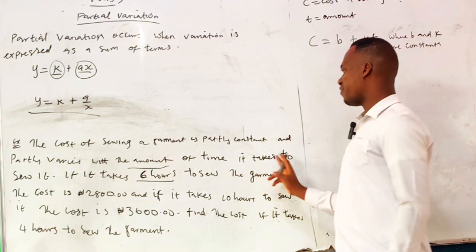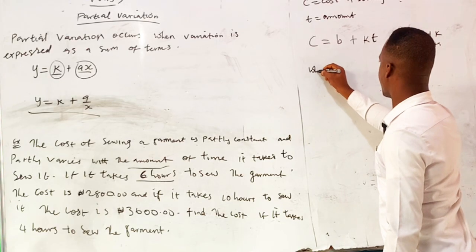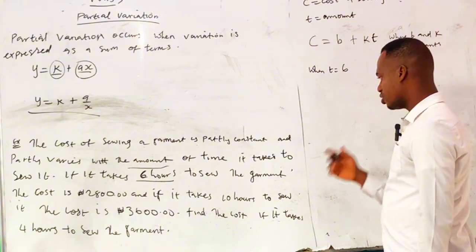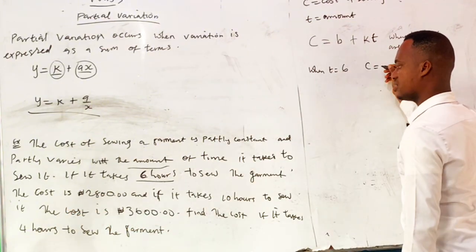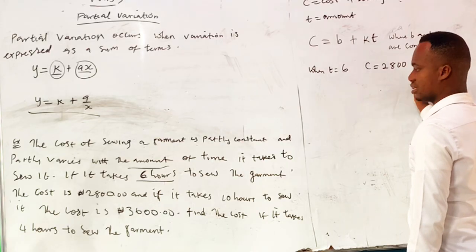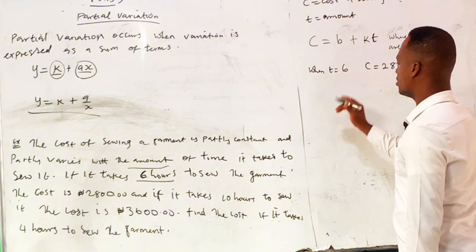So if it takes 6 hours, that is when T is 6, to sew the garment, the cost C is 2,800. So what I'm going to do, I'm going to substitute these values here.